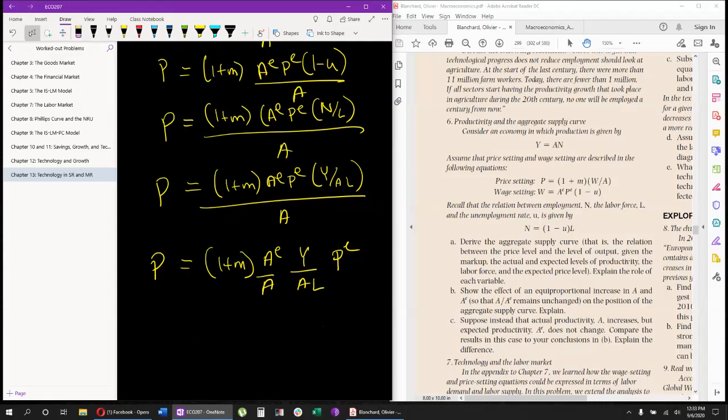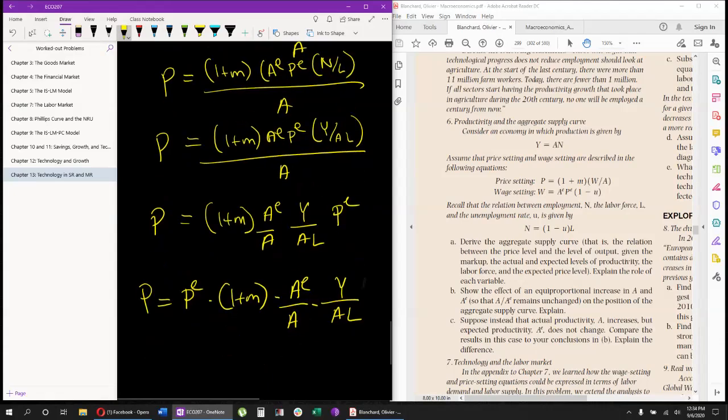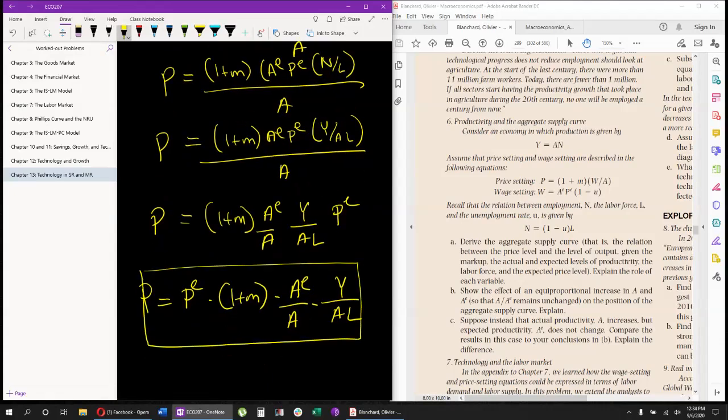Okay, let me just write it down better. Price equal to expected price times the markup times the productivity coefficient. Okay, this is our supply curve. And this is exactly what the question wanted.